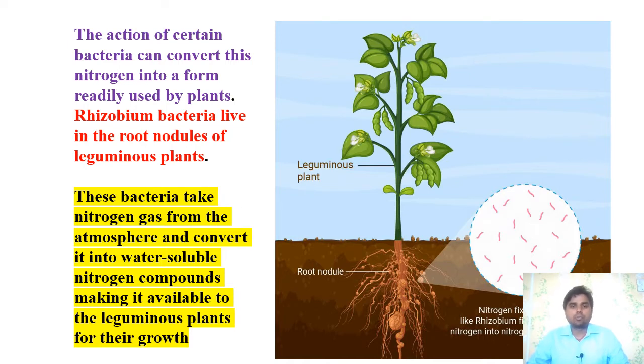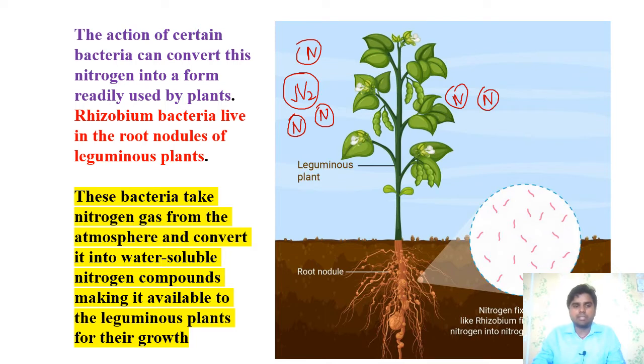See students, in the next image, like we have also studied in previous classes, nitrogen is mainly present in the atmosphere. There are many molecules of nitrogen present, and we also know that this nitrogen cannot be utilized by the plant directly.